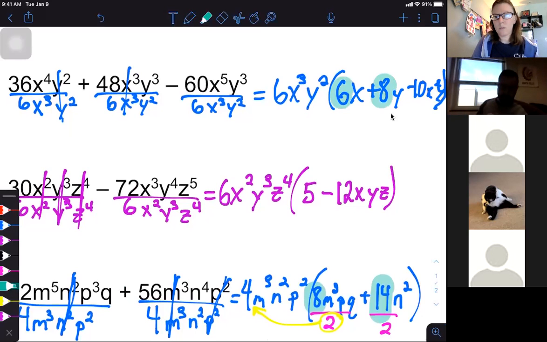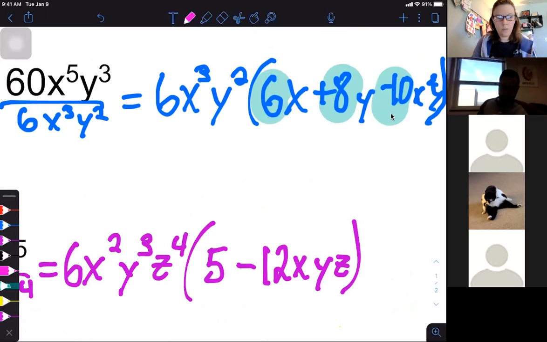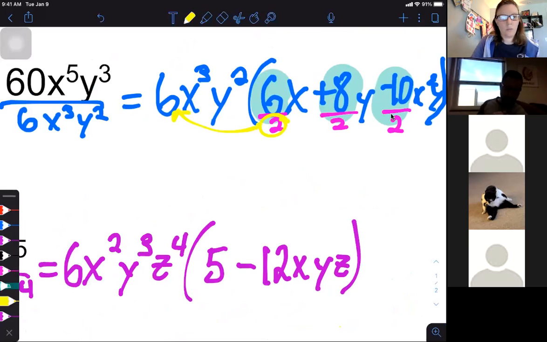And now you're going to notice, just like Haley's problem, what do you notice here? You have 6, 8, and -10. What number is divisible by each of these? Jason? 2. Yeah, so we can take each of these, divide by 2. When you divide that by 2, we're going to take it and multiply the front. Everything else stays the same. So all you have to figure out is 6 times 2, and then you're done.